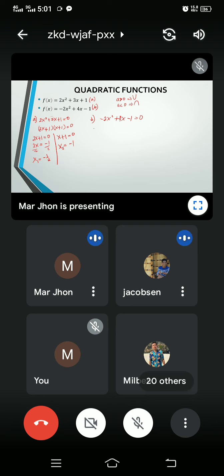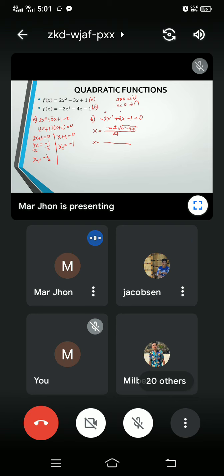So let's use the quadratic formula, which is x is equal to negative b plus minus the square root of b squared minus 4ac, over 2a. So x is equal to negative b, which is negative 4.